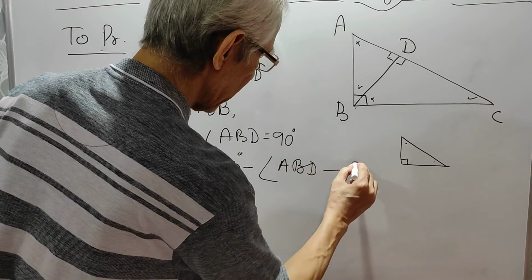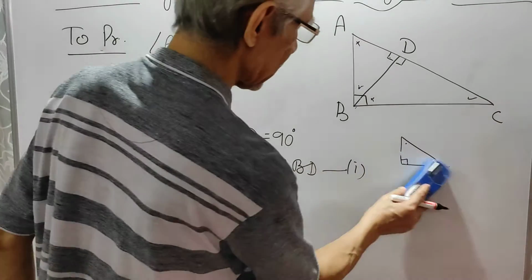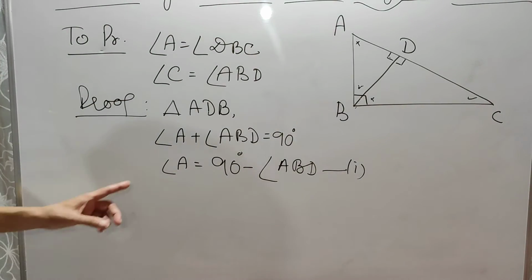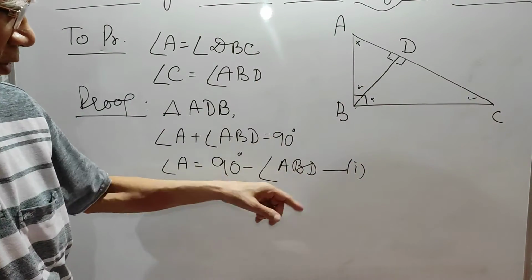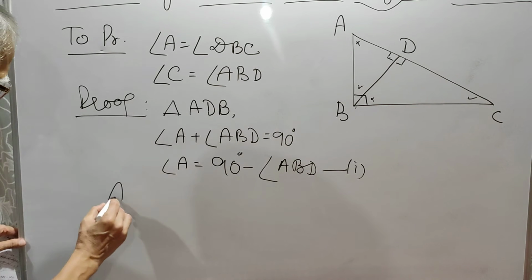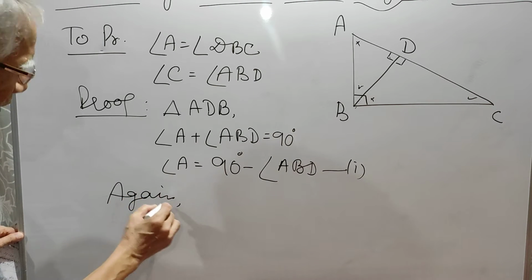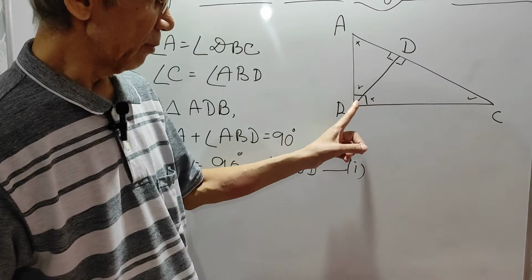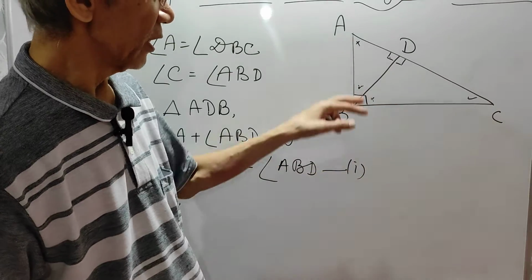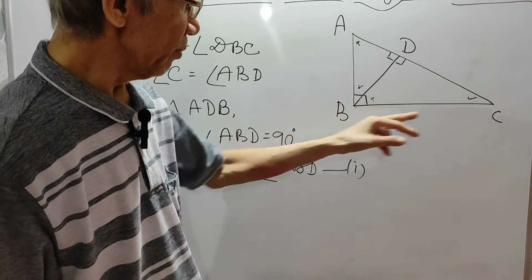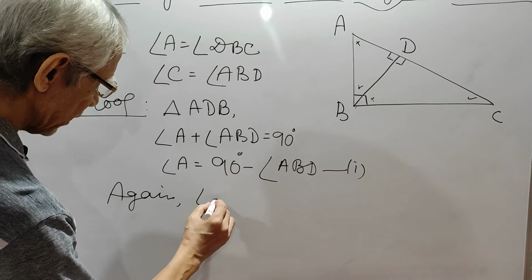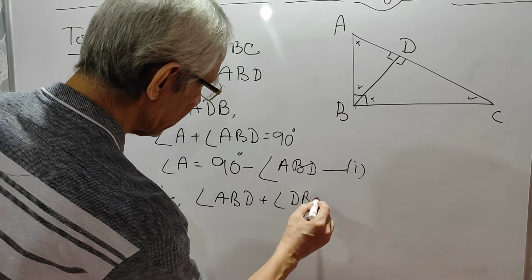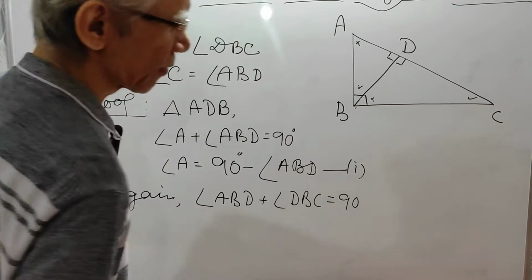Okay, you keep it as 1. Sometimes you write like that, equation 1 and 2. So angle A equal to 90 minus ABD. Again you see, now angle ABC is 90 degrees. ABC means this plus this, so ABD plus DBC equal to 90 degrees, isn't it?